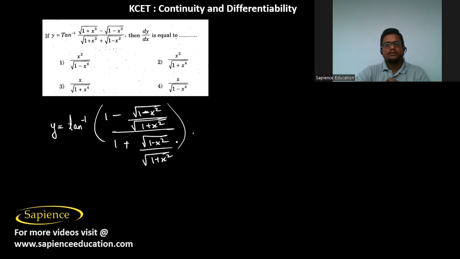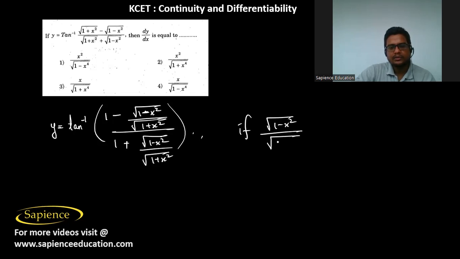Then dy by dx is equal to how much? So therefore, if you take 1 minus root over 1 minus x square by root over 1 plus x square as tan theta, then theta will be equal to tan inverse of root over 1 minus x square by 1 plus x square.